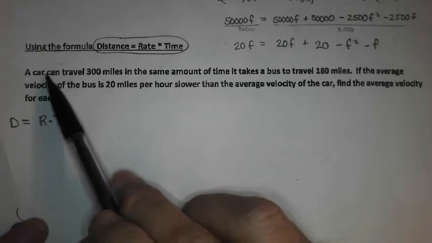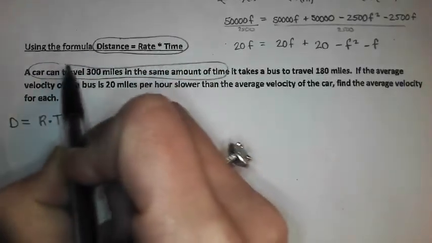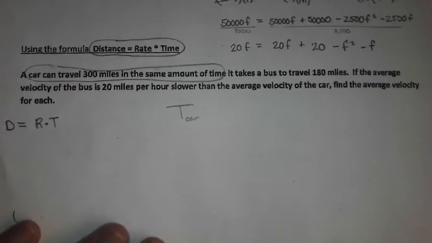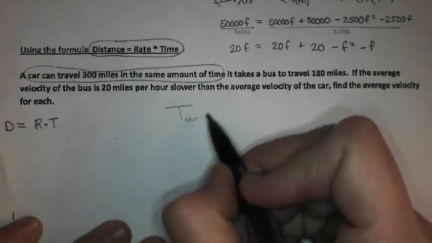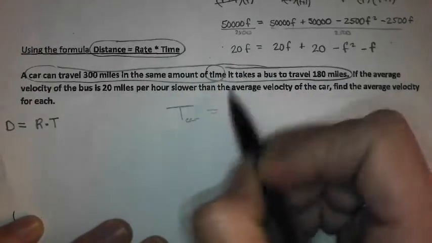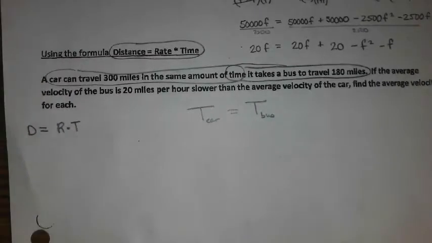The time it takes the car to do this. So the time, and I'll use a subscript for the car, is the same as the time it takes the bus to do its thing. So we want the time expression for the car to equal the time expression for the bus. Are you all with me there?